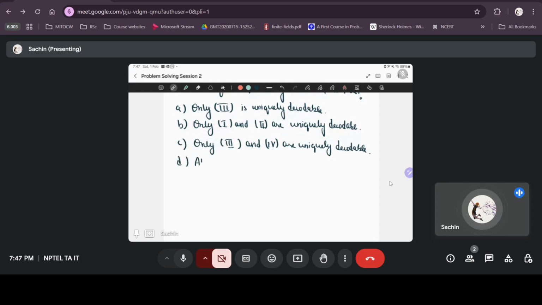Final option is all the above codes are uniquely decodable.